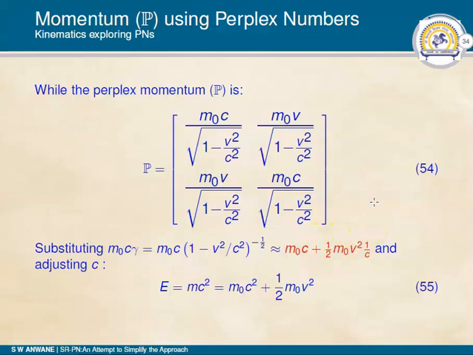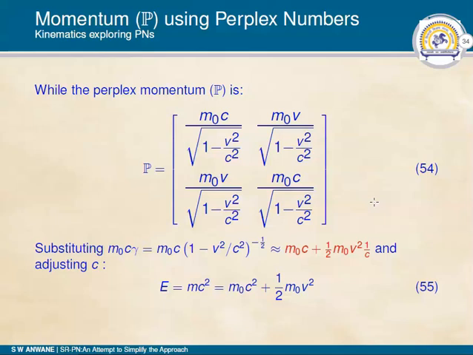Here we are ignoring the higher order terms, and if you adjust c, we can write energy E equal to mc square equal to m0c square plus 1 by 2 m0 v square.